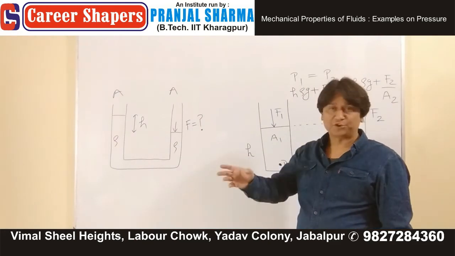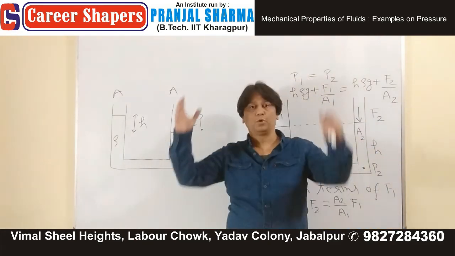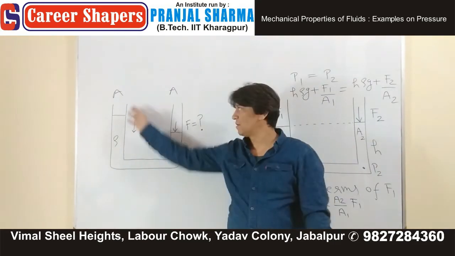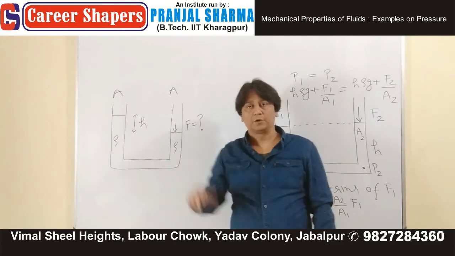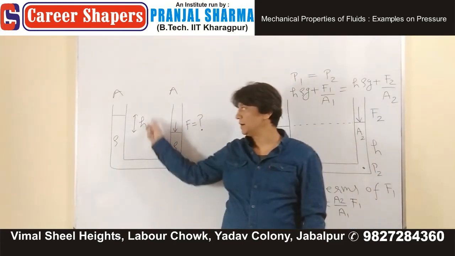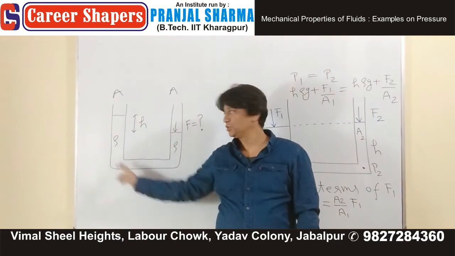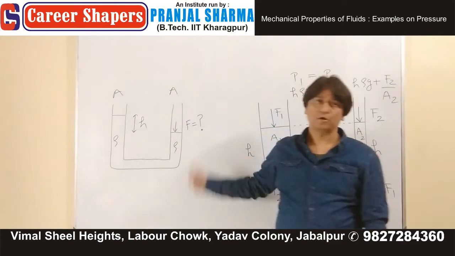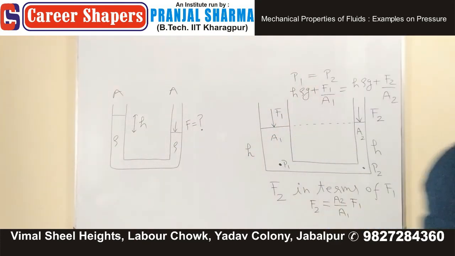Let me repeat the question again. Initially, both limbs, as you would expect, will have the same height, irrespective of cross-sectional area. Now, you decided to push this side down and ultimately created a height difference of H in both limbs. To do that, what amount of force is required?